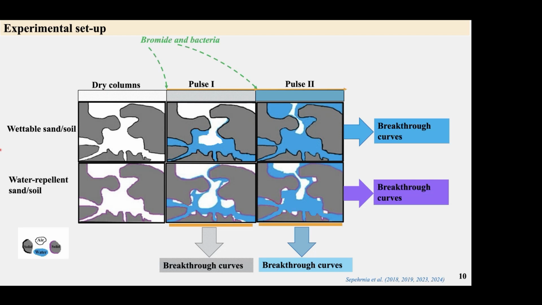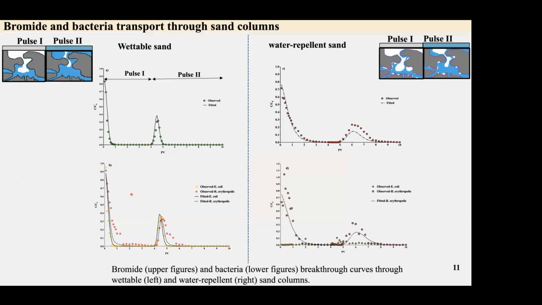I conducted these studies for sand as a systematic study, and also for natural soils, including wettable and water repellent. These are the figures from the systematic studies, the sand environment. On the left side, we have wettable sand.